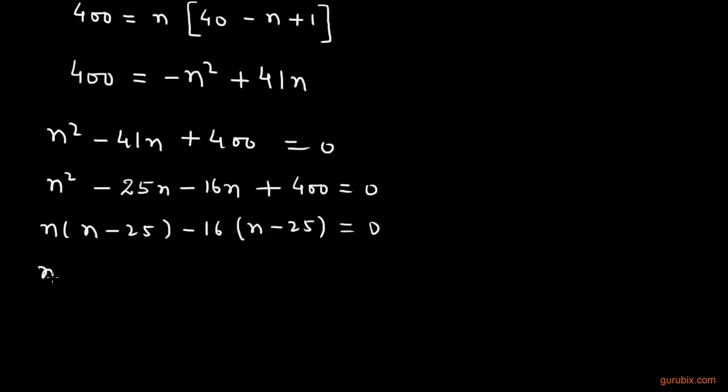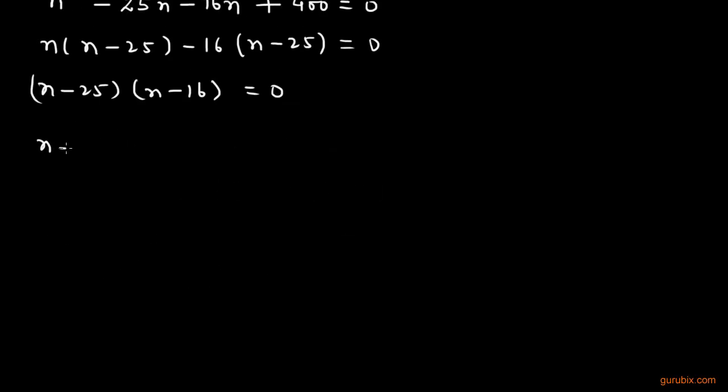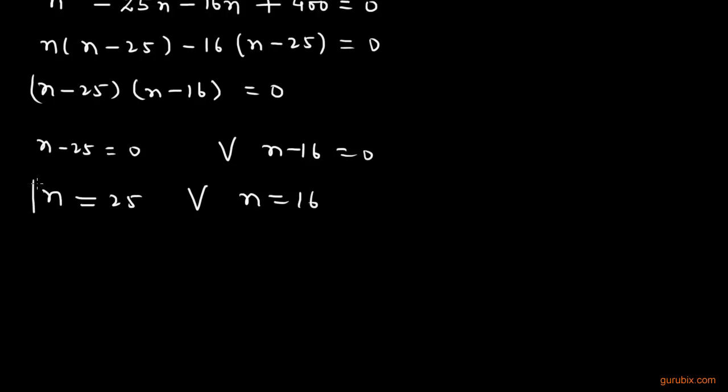Now this is n minus 25 times n minus 16 equals 0. Therefore n minus 25 equals 0 or n minus 16 equals 0. Therefore n is equal to 25 or n is equal to 16. These are two values of n.